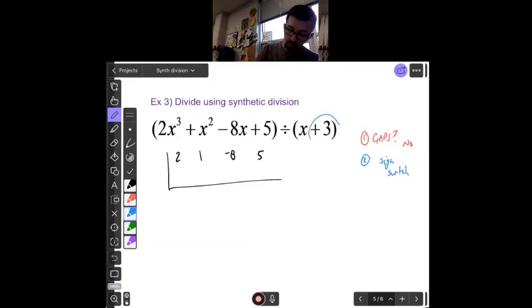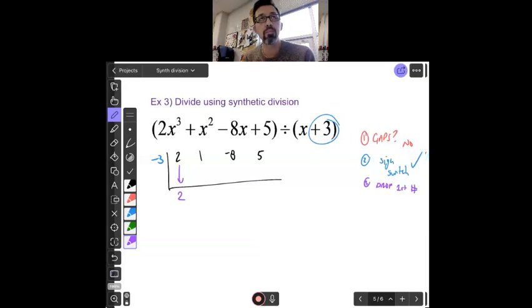It says plus 3, so we're going to write minus 3. Check, got my sign switch. Third most common mistake, drop that first number straight down. So this time we're bringing a 2 down. And then we multiply, add, multiply, add, multiply, add until we're done.